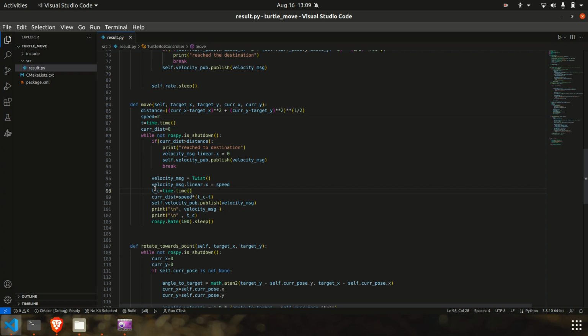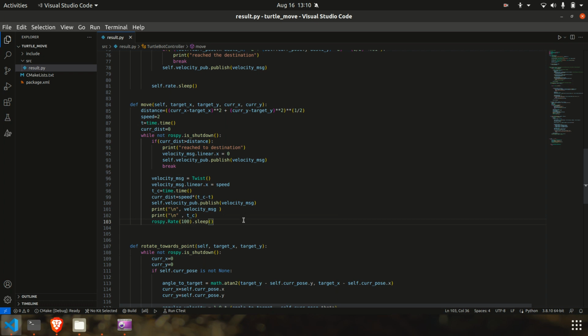And tc is our current time. This is the initial time and this is the current time, and we know the speed. So using the basic formula of distance traveled, we can find the distance traveled by the bot. So now here we are publishing the velocity. We are also printing the velocity and time with it, and we are giving a rate of sleep of 100 hertz.